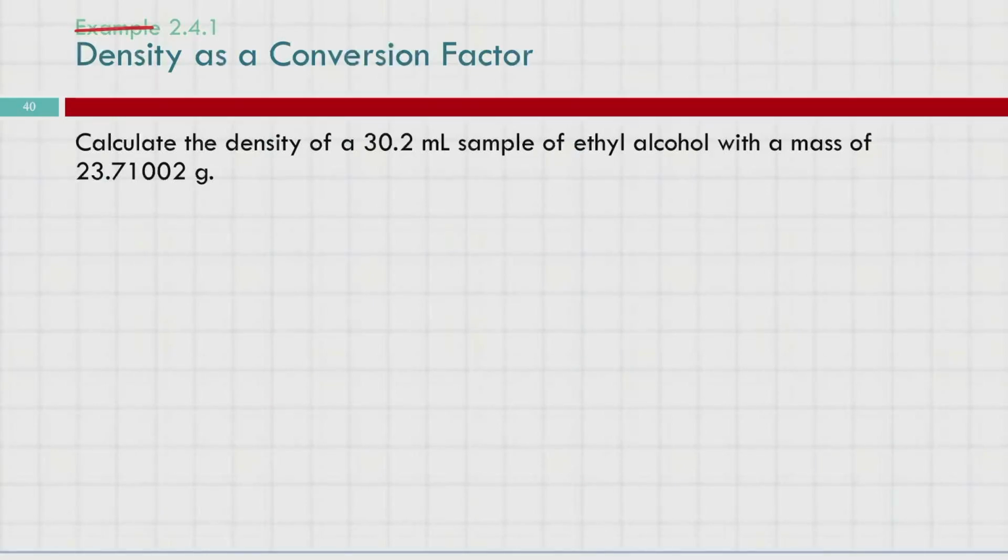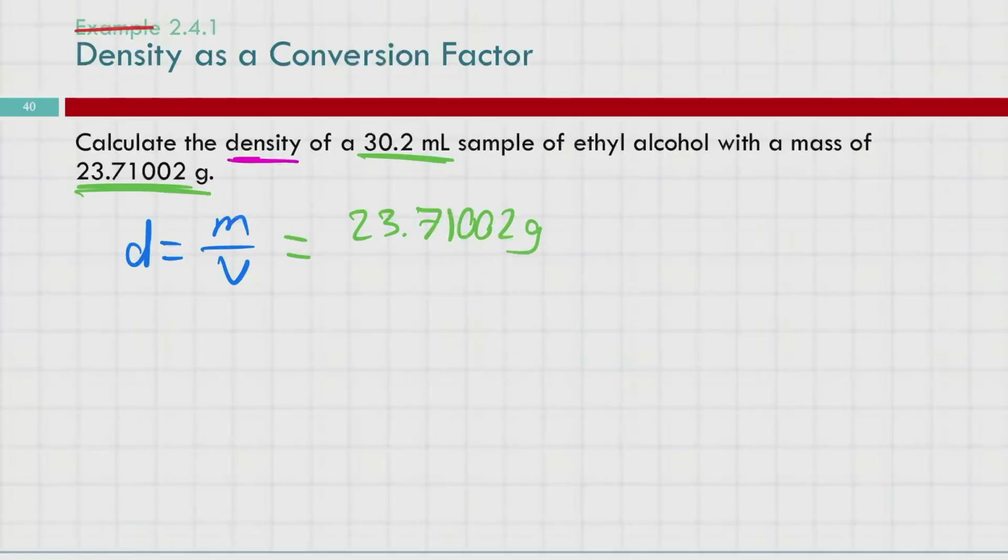All right, we want to calculate the density given volume and mass. So we're finding density, we're given volume, we're given mass. What is our equation for density? Density equals mass over volume, our mass being 23.71002 grams, our volume being 30.2 milliliters.